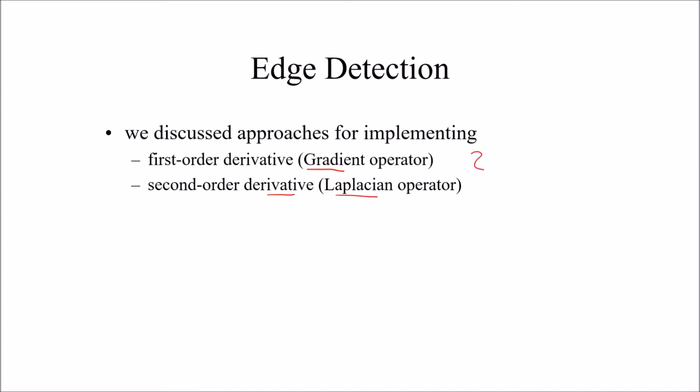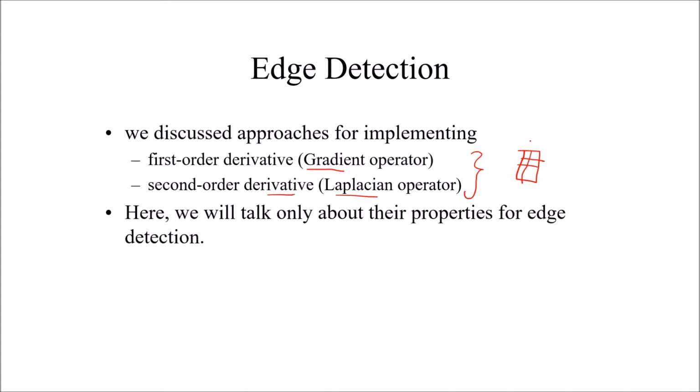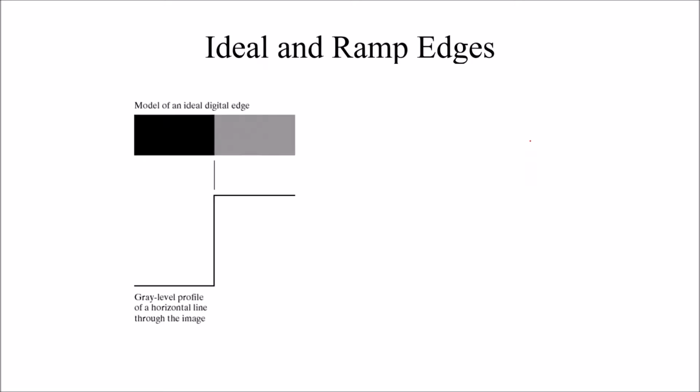Both operators are constructed in a digital form in which they are represented as a kernel, or what we call the window, that will be slid throughout the image, the same process as the mean minus C operation. We will talk about their properties, how we can use the first order and second order derivative properties to determine or locate the edge location inside of the image.